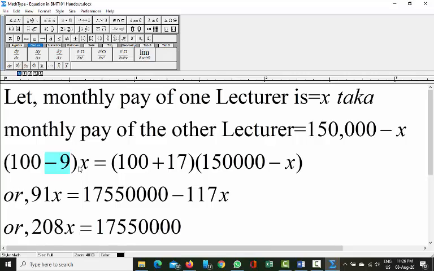So he will get 100 minus 9 multiplied by x. Decreased by 9% means 100 is the percentage, so 100 minus 9 multiplied by x.